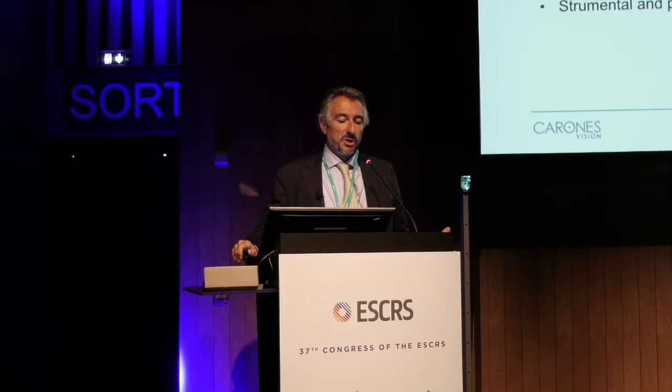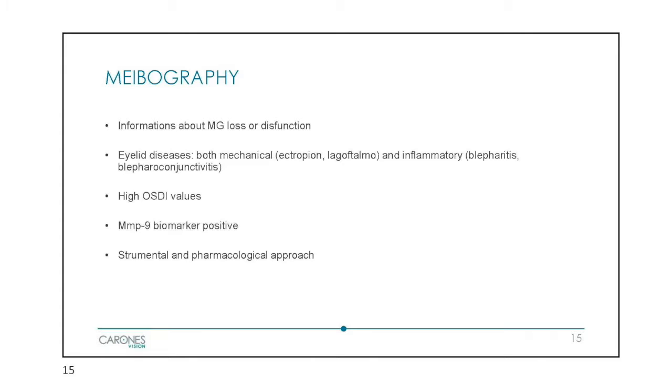And after doing that, now we have to check also the state, the functionality of the meibomian glands. And we can do this by doing the meibography, because the meibography gives you information about the meibomian gland loss or dysfunction. It is usually correlated in case of dry eye disease. It is correlated to eyelid disease like ectropion, lagophthalmos, or chronic blepharitis or blepharoconjunctivitis.